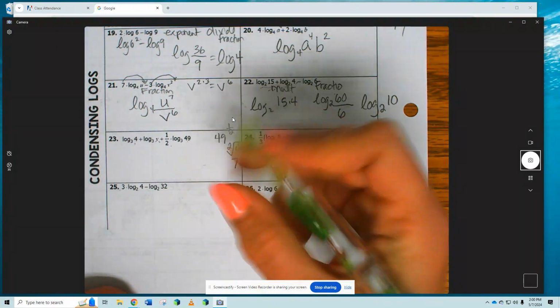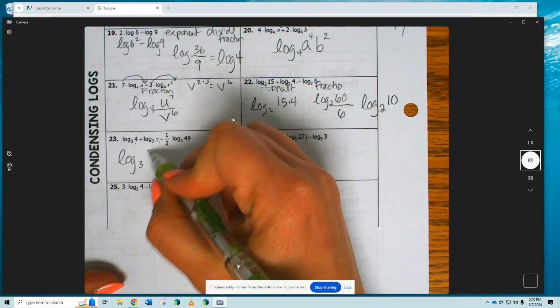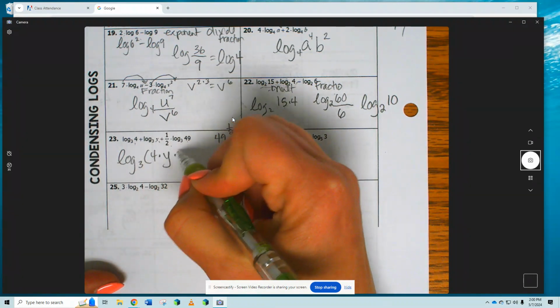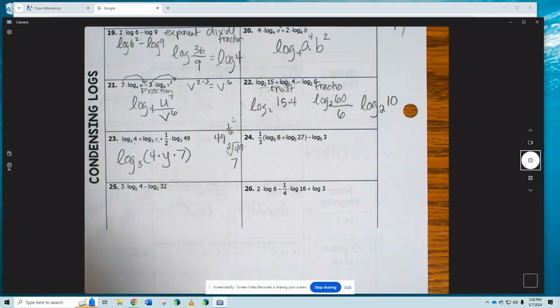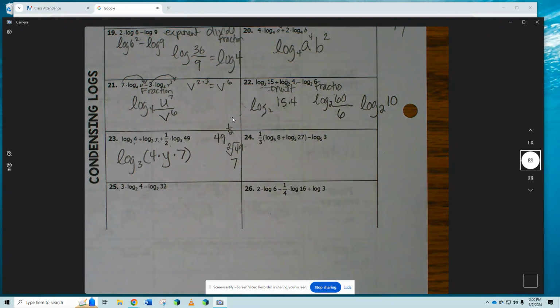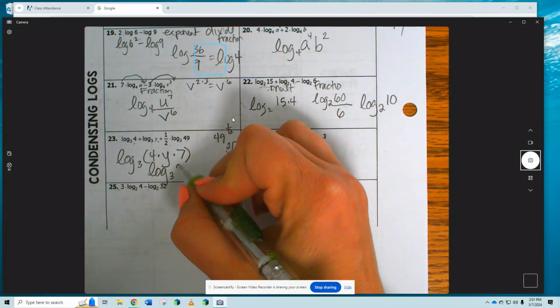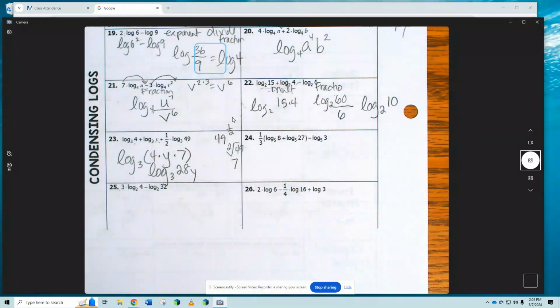So this is going to become all multiplying. 4 times y times 7. 3 things now. The 4 and the y and the 7. 28y. Log base 3, 28y.